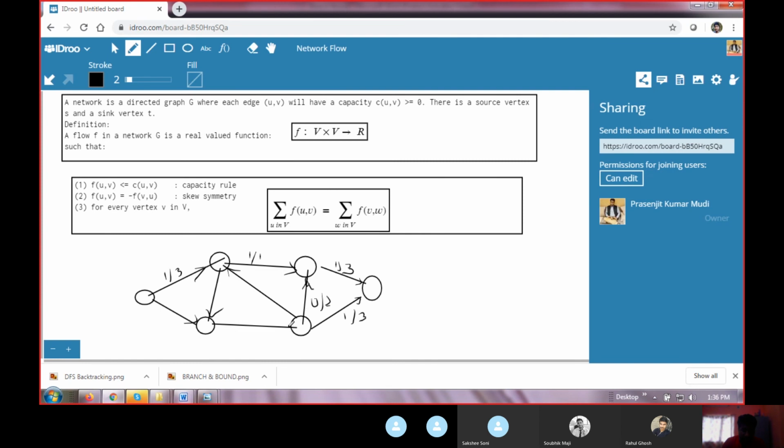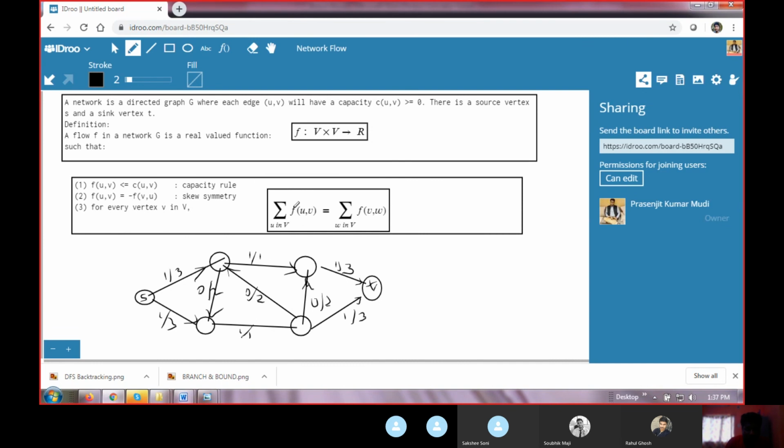Then this is 1 by 1, and this is 1 by 3. This is 0 by 2, and this is also 0 by 2. Okay, so this is a network. Let's say this is my S, and this is T, source and sink.